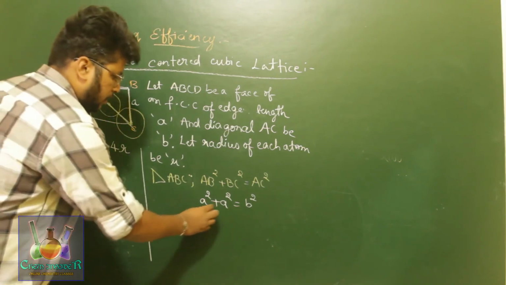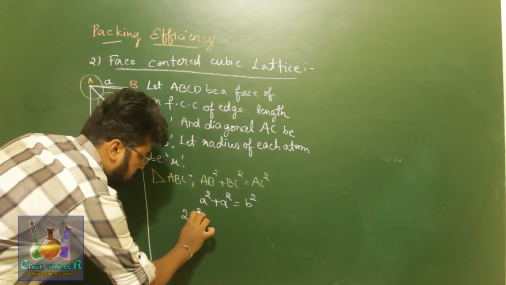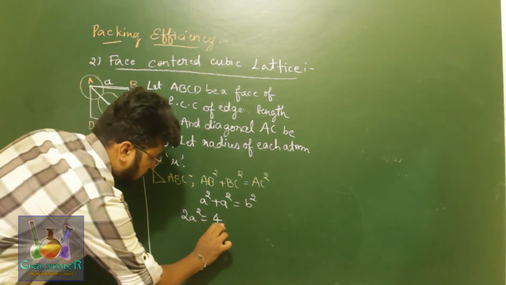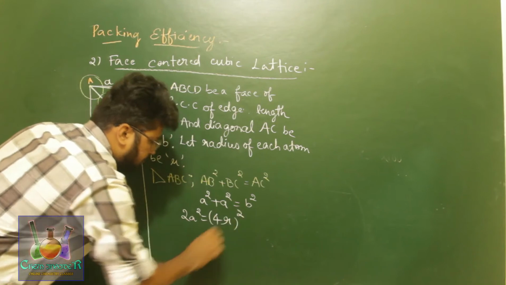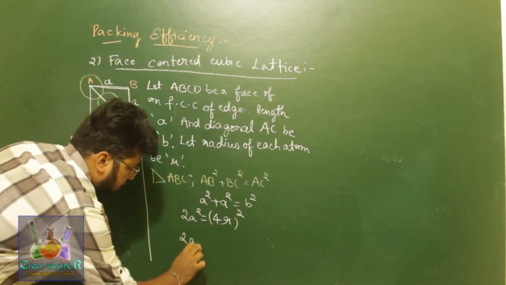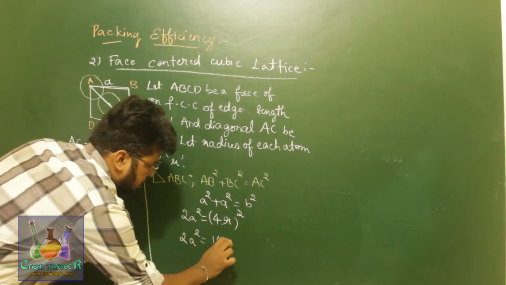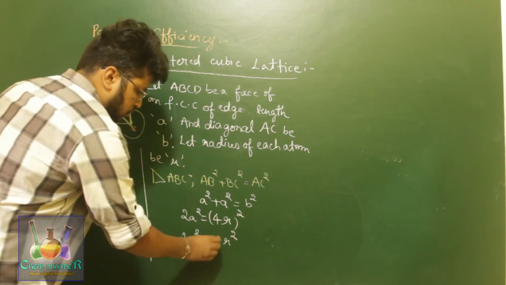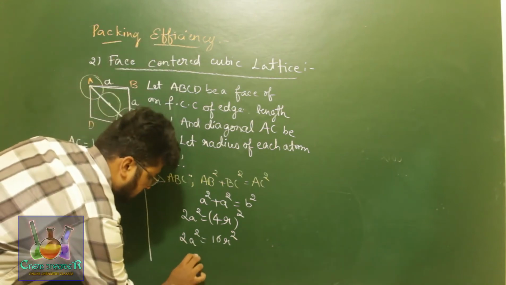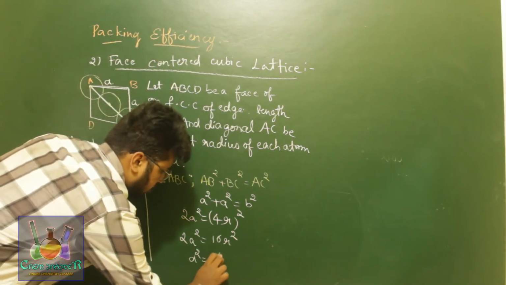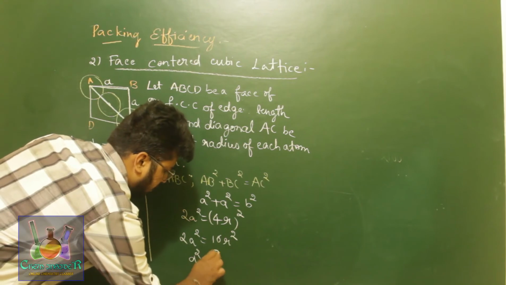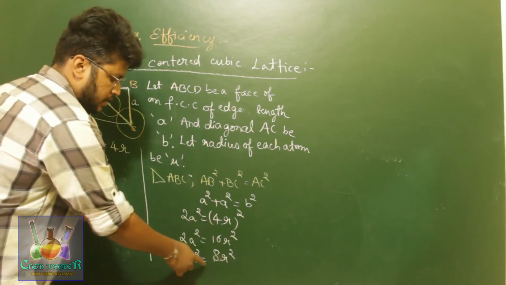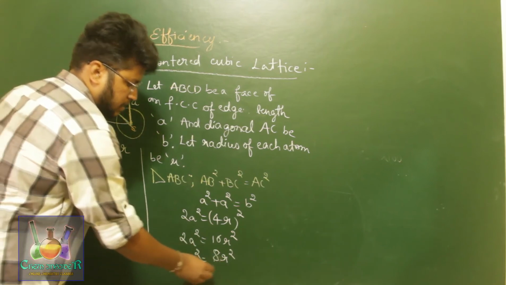Okay. So now add up these two, 2a square. Substituting the value of b, that is 4r the whole square. So on simplifying, 2a square is equal to 16r square. Right? Now taking this 2 on the other side, that gives us a square equal to 8r square.